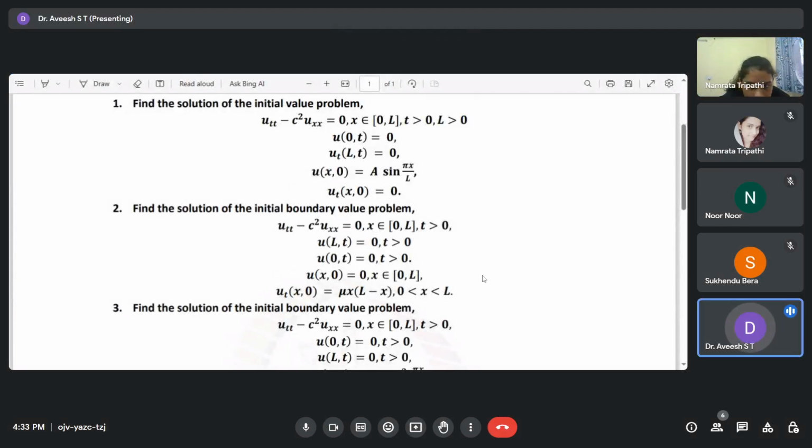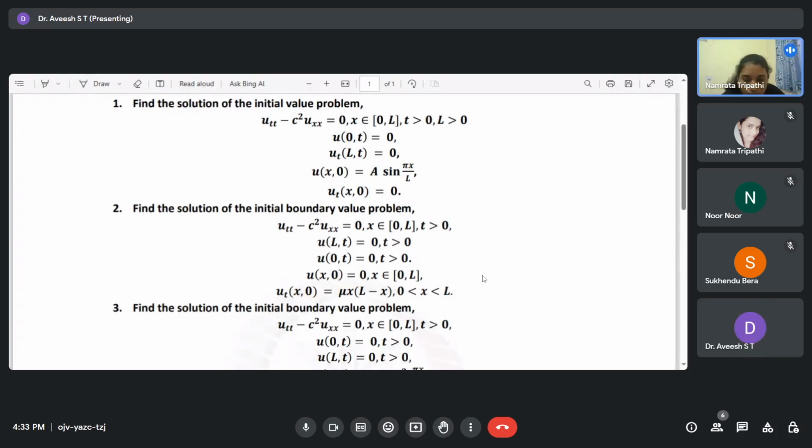First question, find the solution of the initial value problem: u_tt minus c squared u_xx is equal to 0, x belongs to the interval, t greater than 0. So, this type of problem, you can go through the general method. You have to use variable separable.